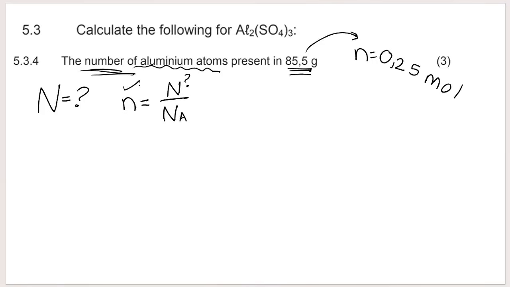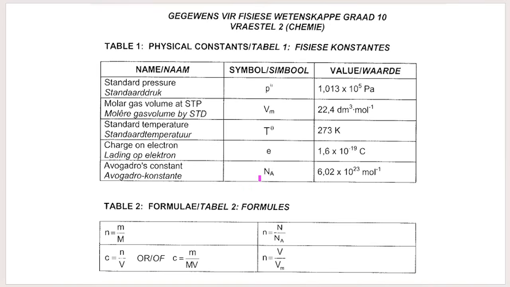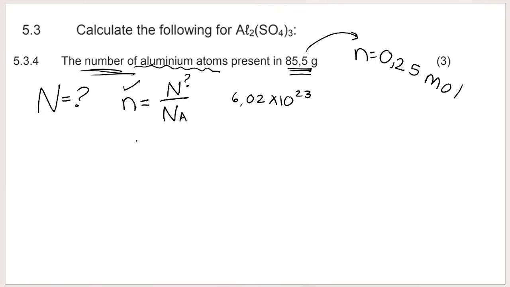Little n we have from the previous question, and Na is called Avogadro's number or Avogadro's constant. That is 6,02 times 10 to the power of 23, and that is given on your formula sheet, as you can see over here. So if I substitute the 0.25 over here, and I'm looking for big N, and I substitute Avogadro's number, do you see how I'm using brackets?